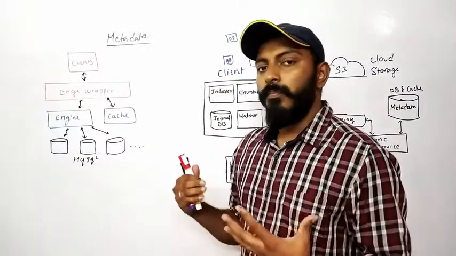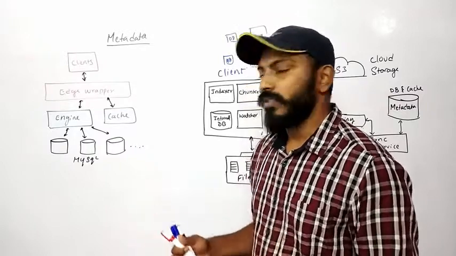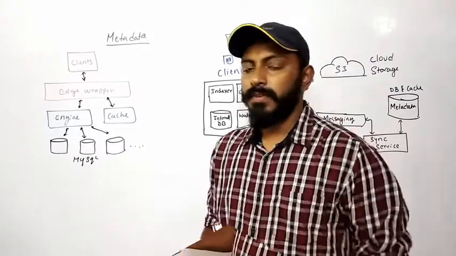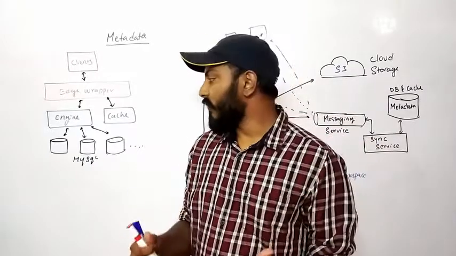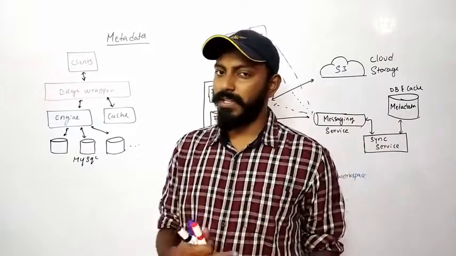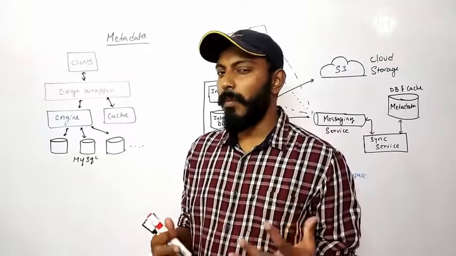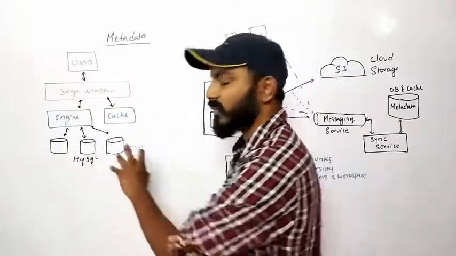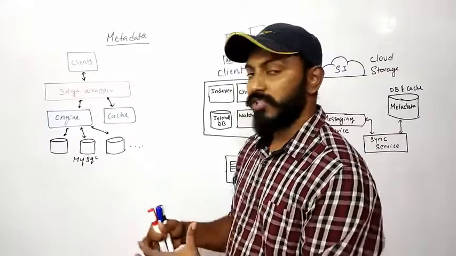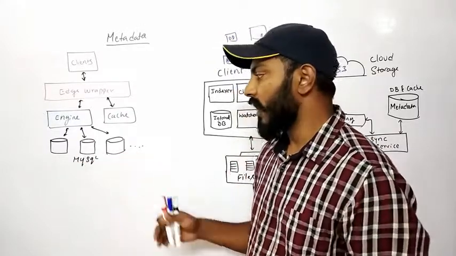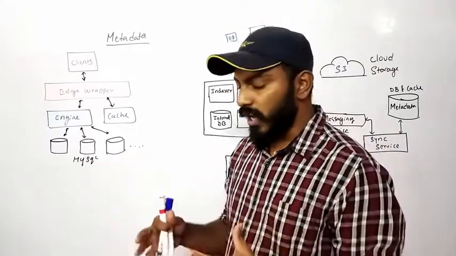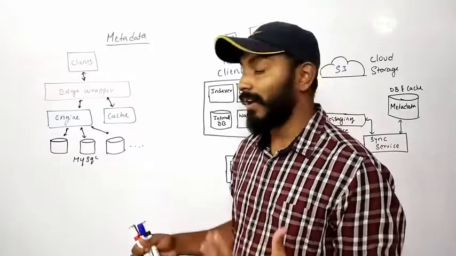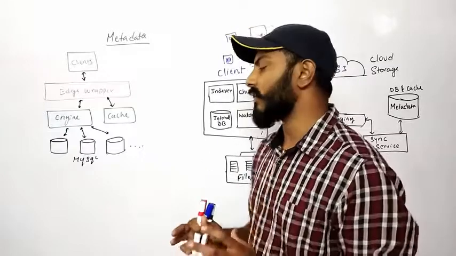The very basic problem when you're using multiple sharded databases: when we decide to use MySQL database to store the metadata information, what are the problems we might face? Consider this system is not there, we just have databases where the metadata is sharded across multiple databases. For the developer, it is a significant burden where they have to keep on validating the schema and everything, right? It's a difficult task.